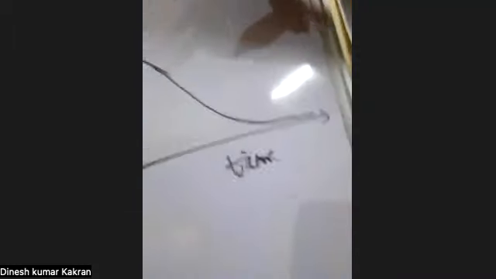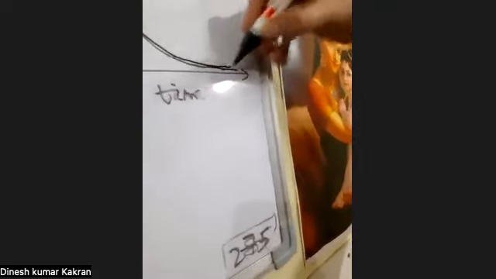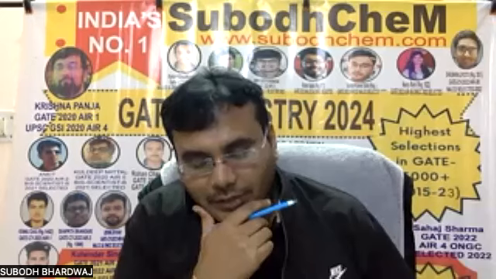So A is equal to A naught minus kt. This is A versus time, and the intercept will be A naught. So it will give this kind of curve. Yes. Rate versus time.